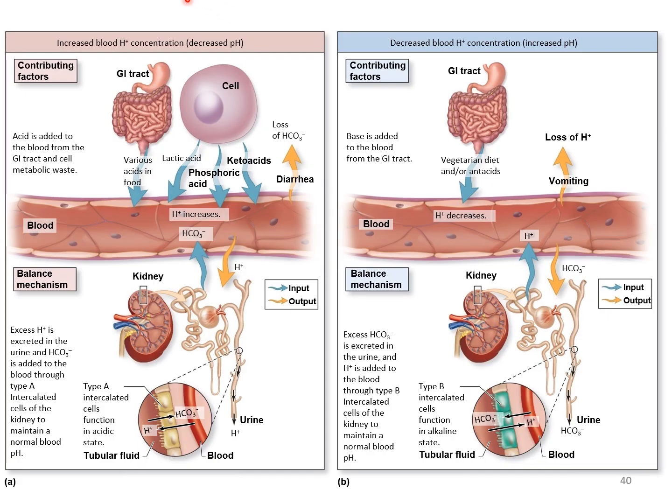So these are some good charts to show you some of the contributing factors and some of what the body would ultimately do to fix it. This one has to do with increased blood hydrogen ion concentration, so a decreased pH, and this is a decreased blood hydrogen ion concentration, so an increased pH.